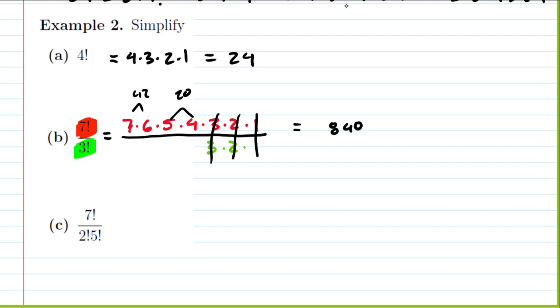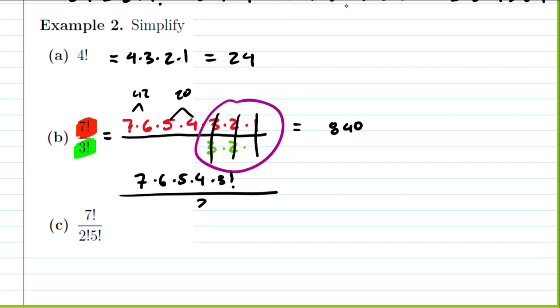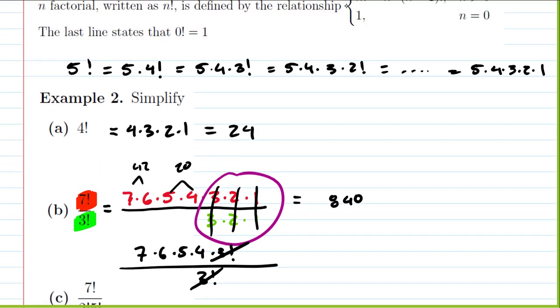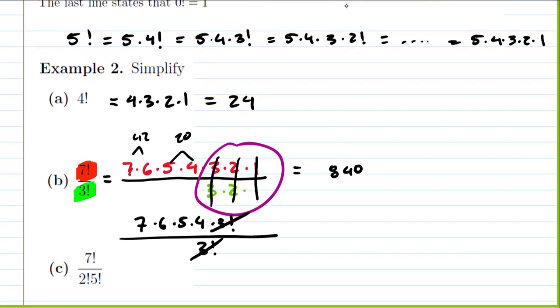We could note that since we're going to get down to 3 factorial, and all of these things are the same, we could have just done 7 times 6 times 5 times 4 times 3 factorial over 3 factorial, and then those are the same and they cancel out. This is what I was talking about earlier, where these partial expansions may be helpful depending on what we're trying to simplify.